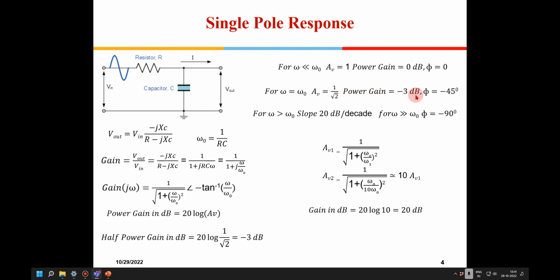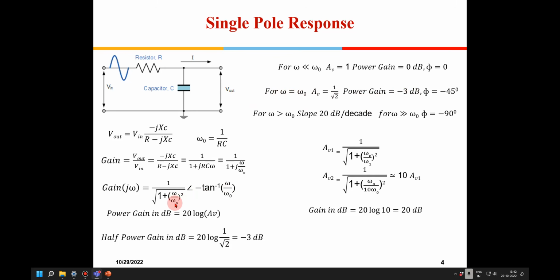Minus 3 dB means half the power. So in this particular circuit, when the frequency has reached omega equal to 1 by RC, the power has become minus 3 dB. Initially it was 0, so 3 dB of power has been lost by the time the frequency has reached omega 0. What about phase?